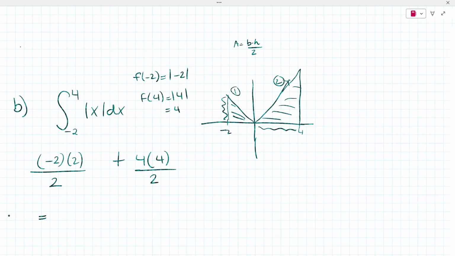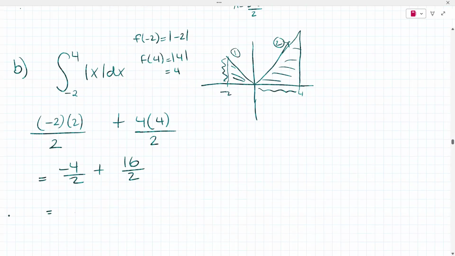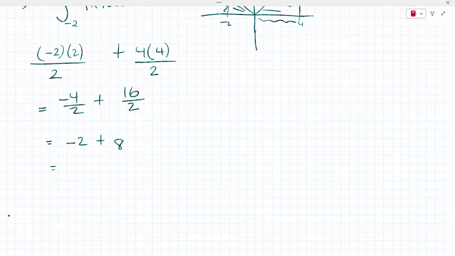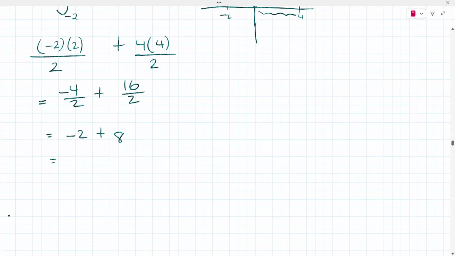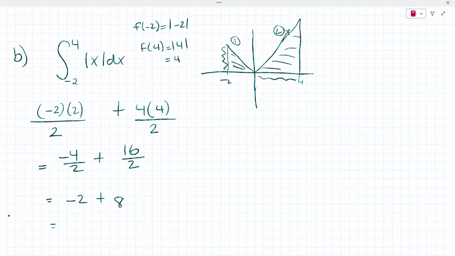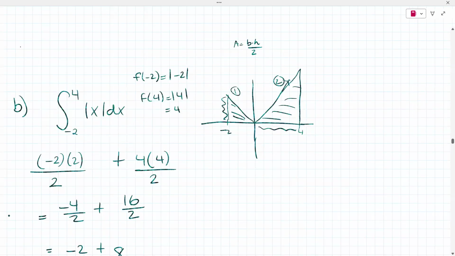So -2 times 2 is -4 over 2, and then 4 times 4 is 16 over 2, which is -2, and then 16 divided by 2 is 8, which is... hmm, wait, did I get this right? Oh yeah, I made a mistake.